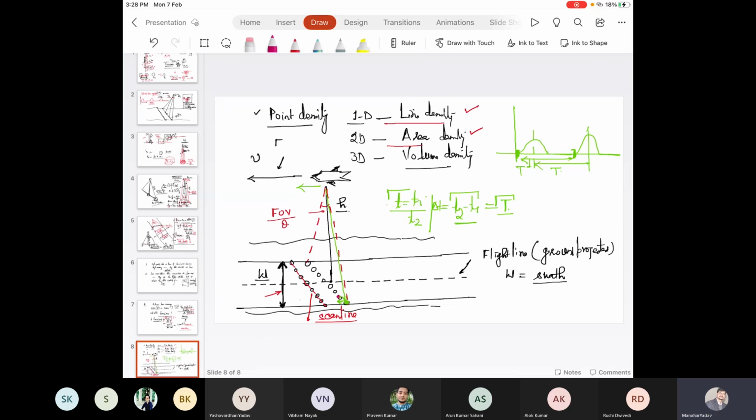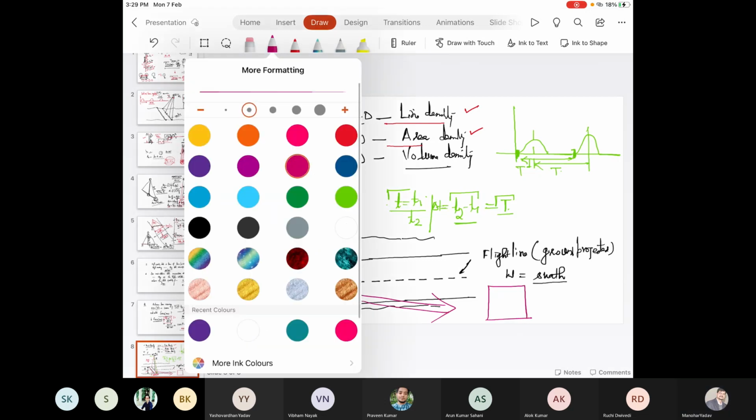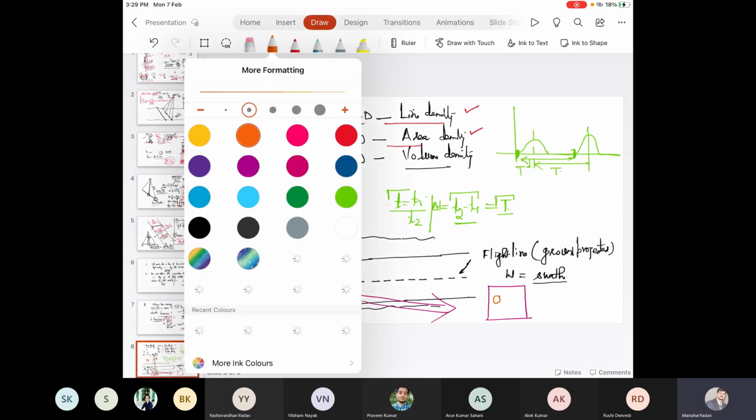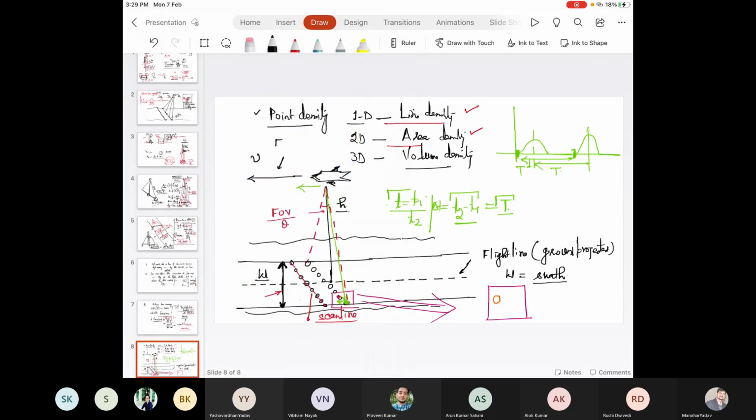If I zoom in over here, this is the laser footprint at time t2, and this is at time t1.